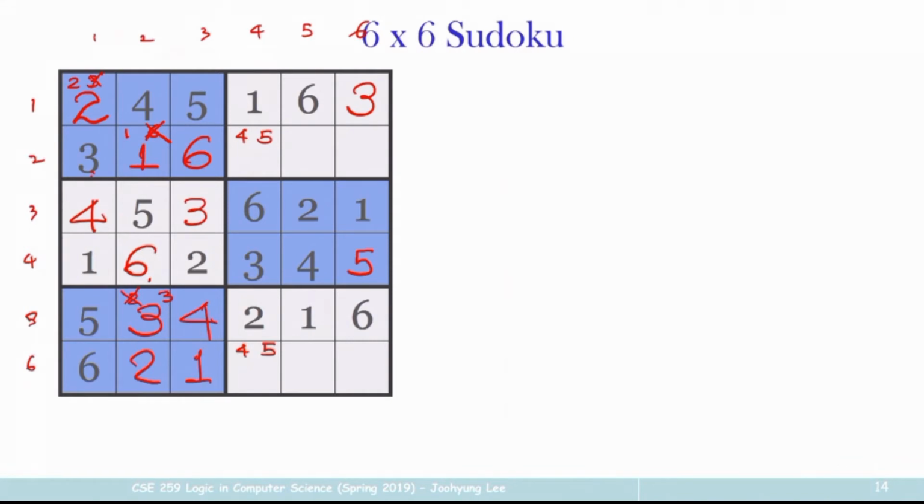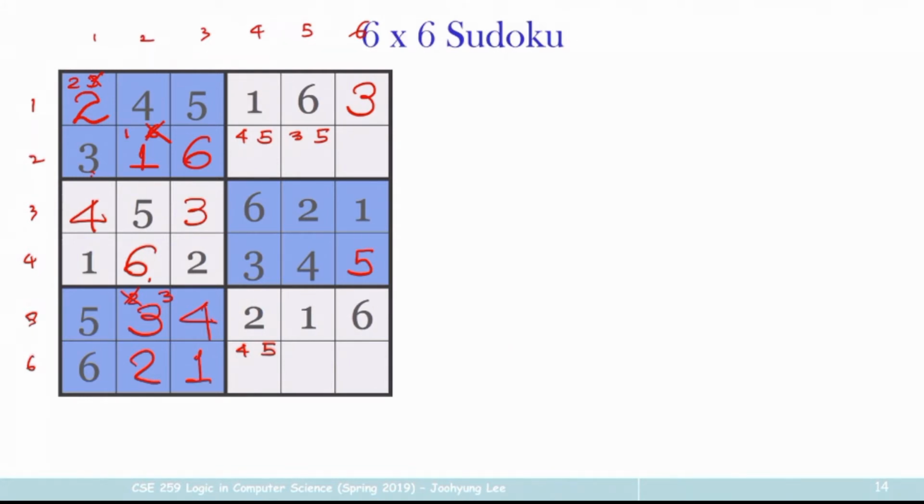So let's go to 2, 5. What are the 2 choices that I can put here if I look at the column? 3 and 5. Now look at the other conditions involving this position.